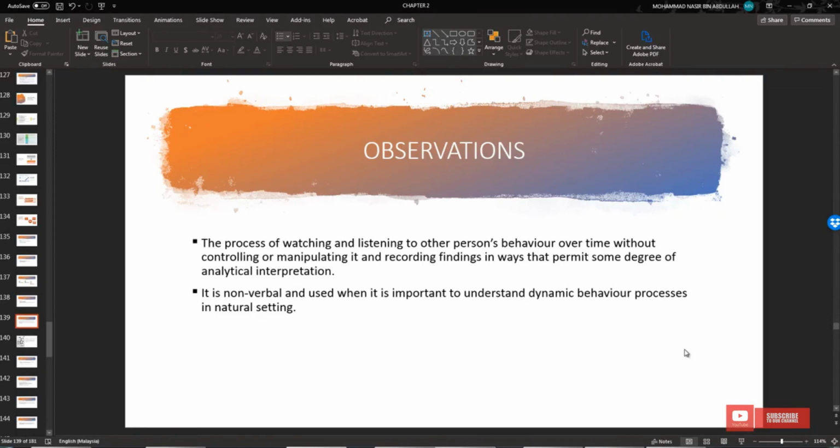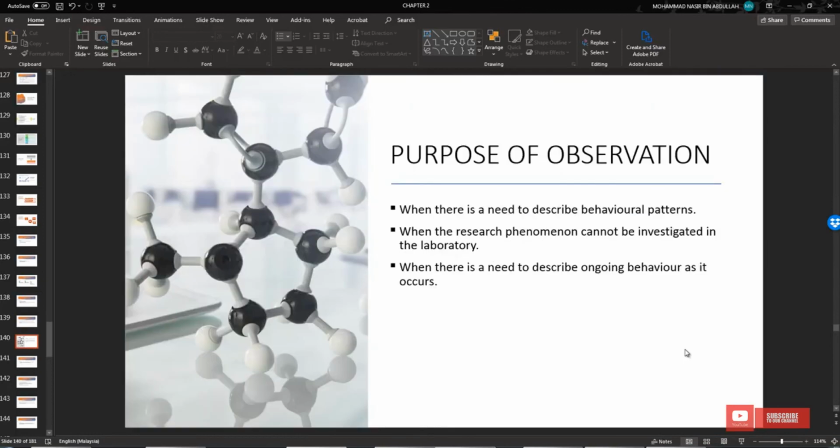For example, we want to look at the effect on mice after we give some drugs into their brain, whether the mouse becomes dormant or more active. That is an observation process.